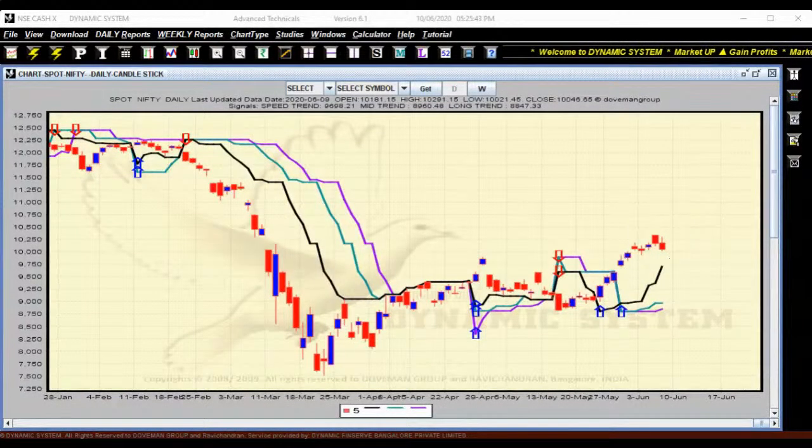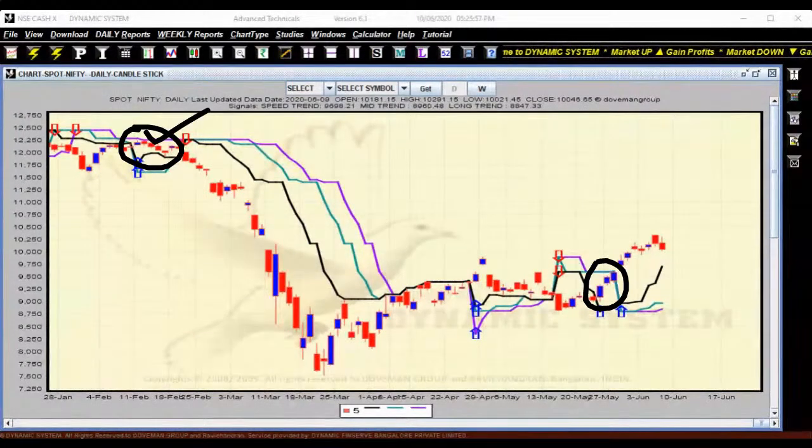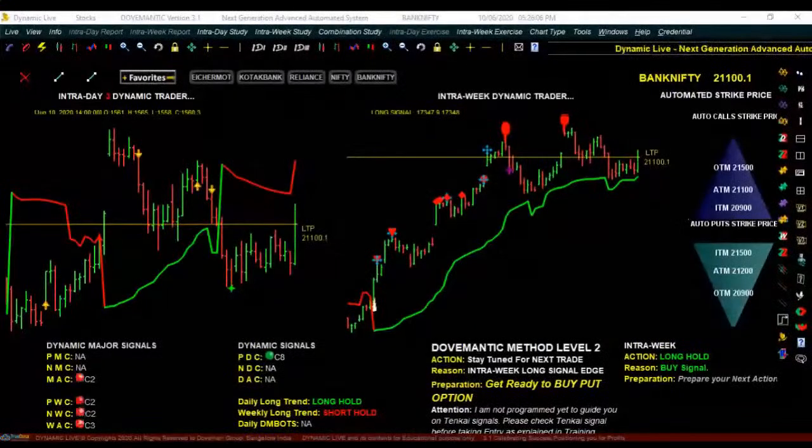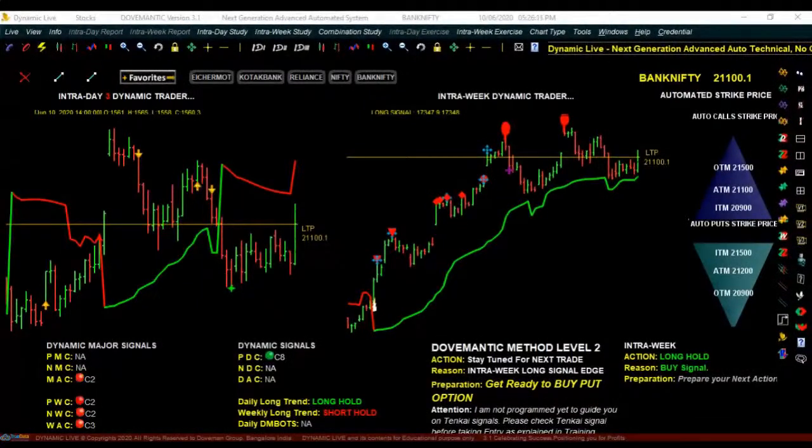But there are cases where the price is trading between the three lines. Can you see this? Whenever the price is trading between the three lines, we call it an in between trend. So whichever stock or index you are trading, if it is in an in between trend as per the dynamic system daily chart, then for all the trades that you get in the action information, check the Tenkai signal.